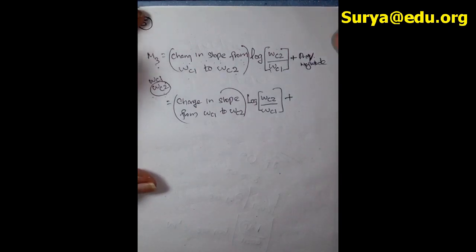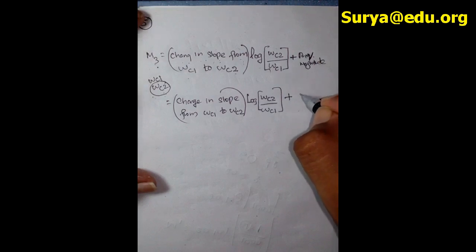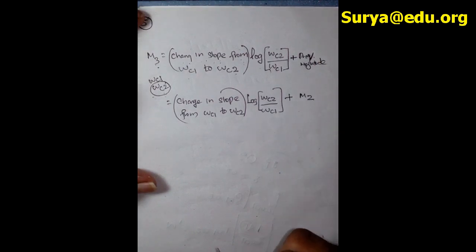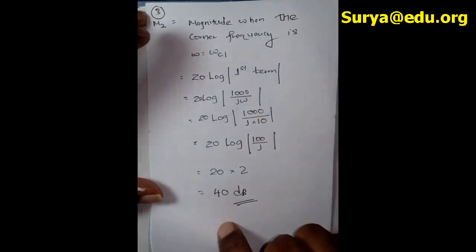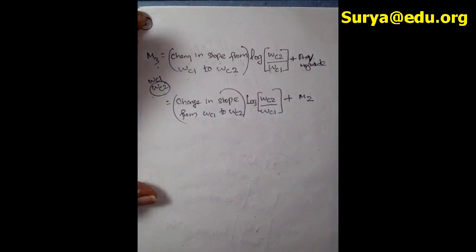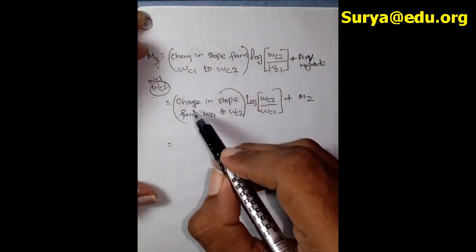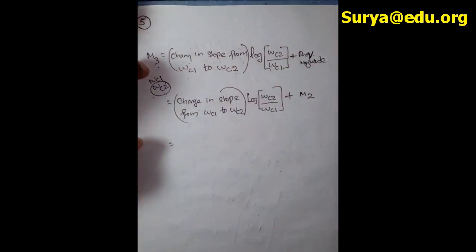What is the previous magnitude? That is M2. Very easy. We calculated M2 previously from the first formula. Now what is the change in slope from omega c1 to omega c2? Be very careful.